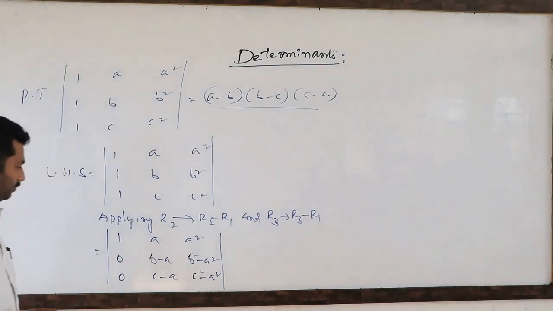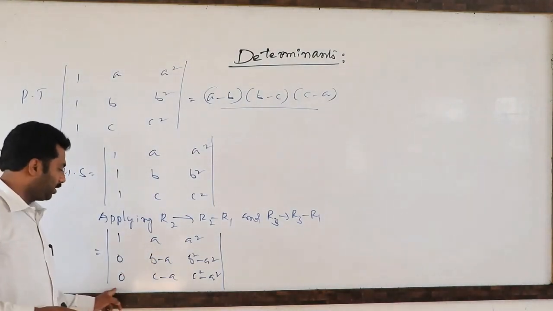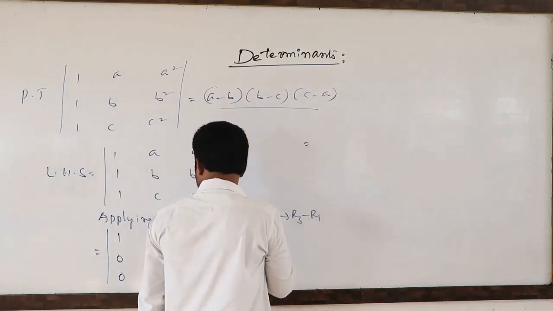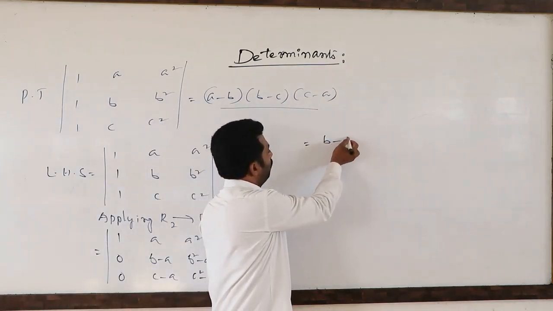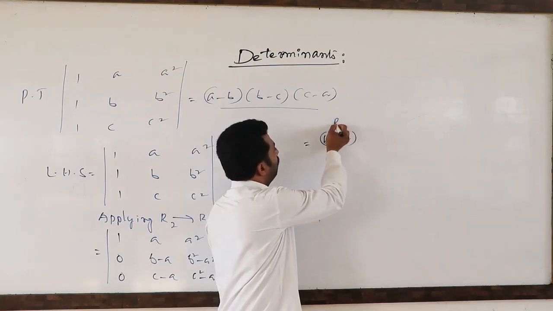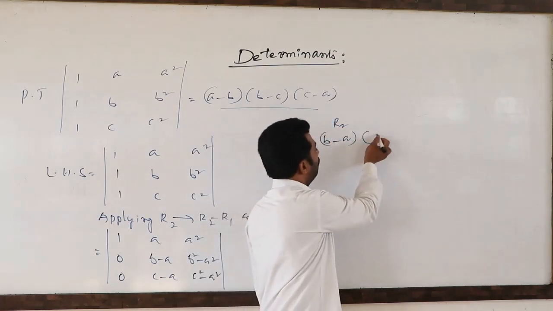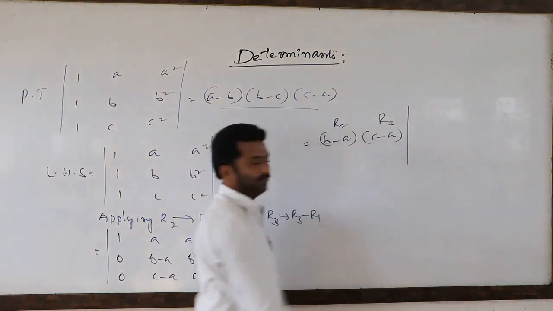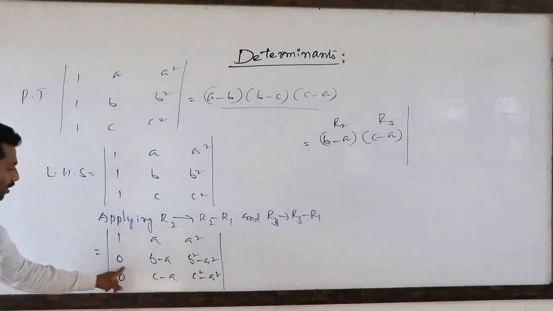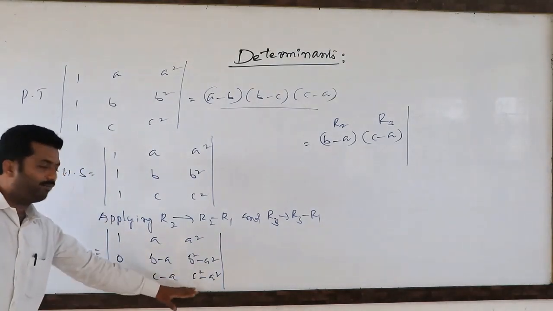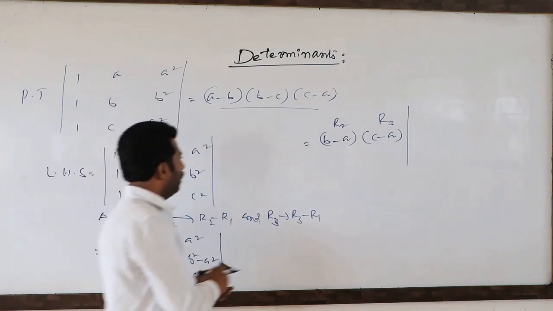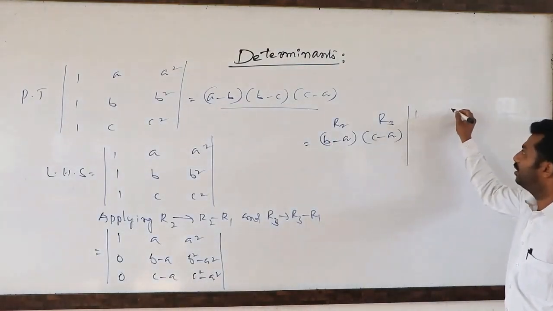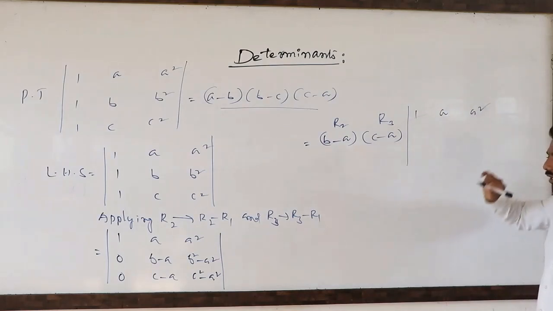From this, in the second row you observe b minus a, and in the third row c minus a, so we can take them common: b minus a from R2 and c minus a from R3. R1 has no common element, so it stays 1, a square.